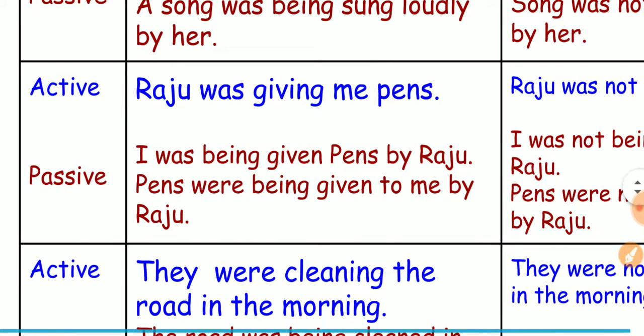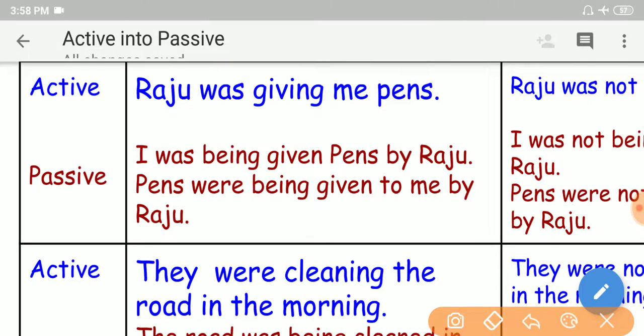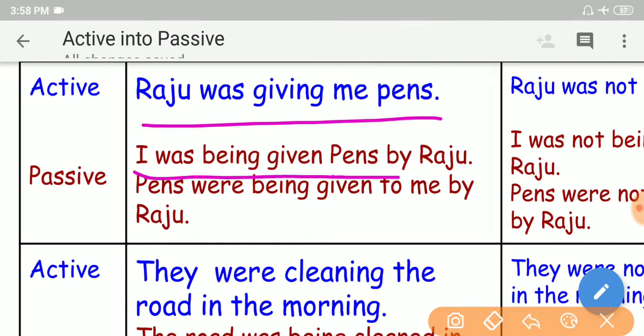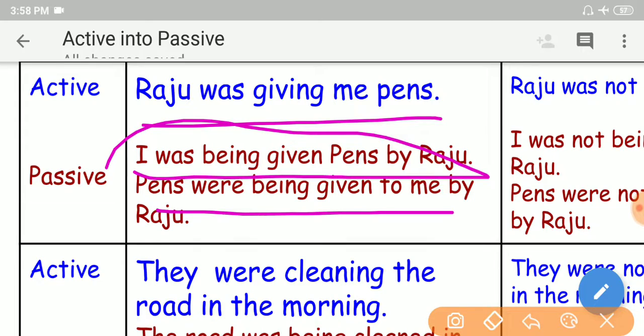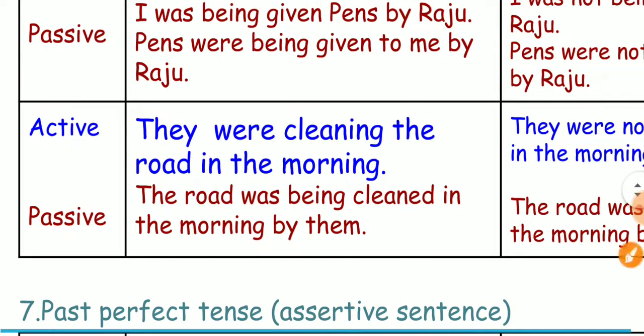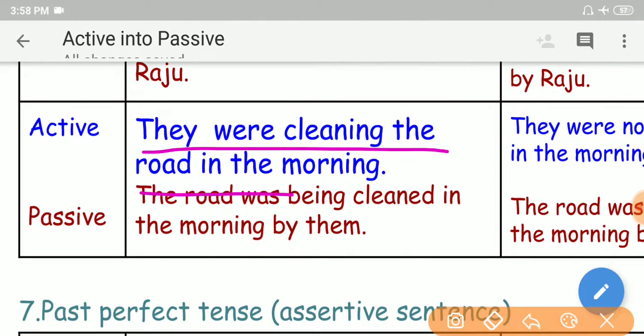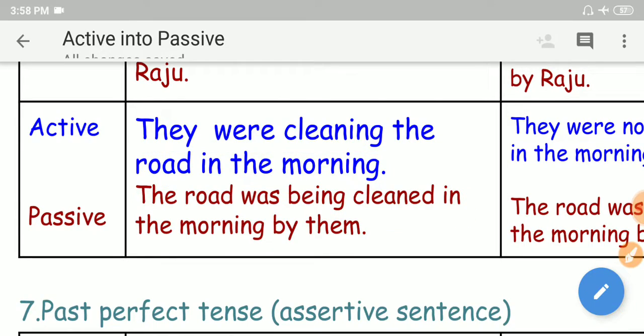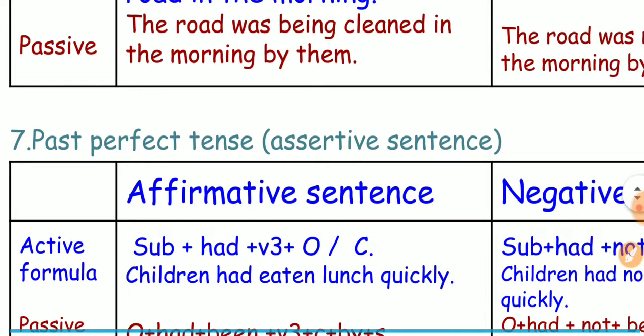Like that, Raju was giving me pens. I was being given pens by Raju. Pens were being given to me by Raju is the passive sentence. Like that, they were cleaning the road in the morning. The road was being cleaned is the passive sentence, my dear friends. Let us go with the past perfect.